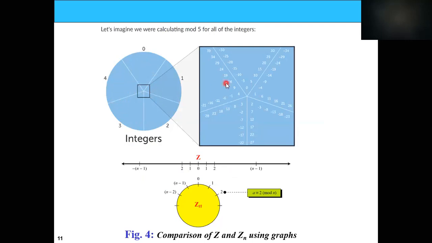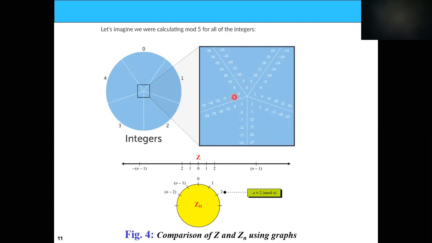So the 0 class under mod 5 means 0 plus all those numbers which are divisible by 5. In the set of integers, there are positive as well as negative numbers, so I place them over here. All those positive elements which, if I divide by 5, have remainder 0 will be placed over here. All these elements of the set of integers, if you divide by 5, have remainder 0 as well. So these are all negative.